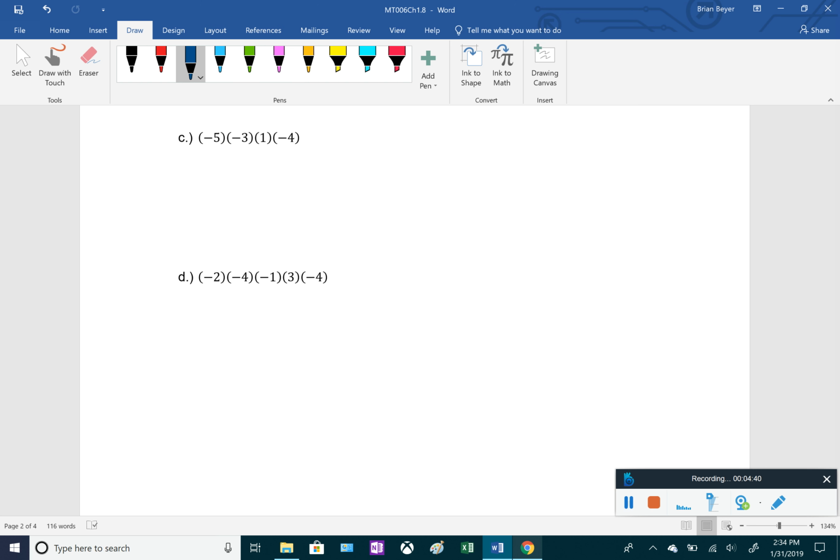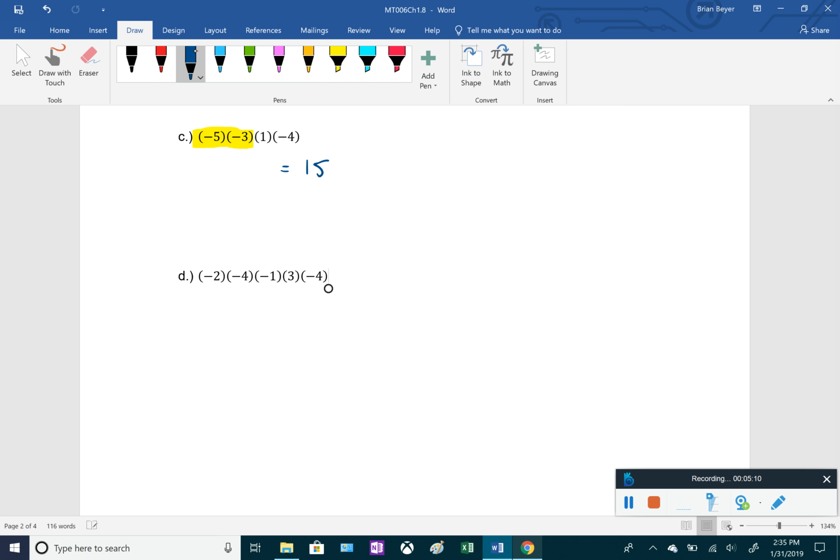And the next one, we have 4 numbers being multiplied: negative 5 times negative 3 times 1 times negative 4. We have a couple different options here. We can just try to multiply all in one swoop. What I'm going to do is multiply the first two together, and then multiply the others after that. So it's negative 5 times negative 3 first.